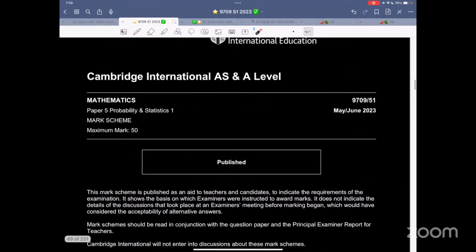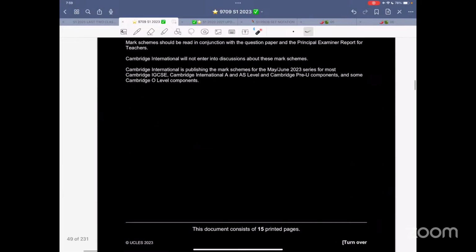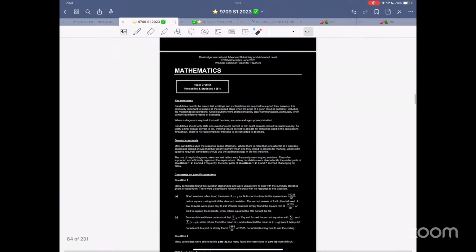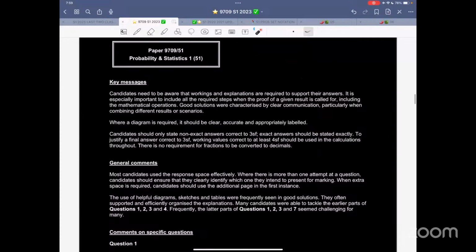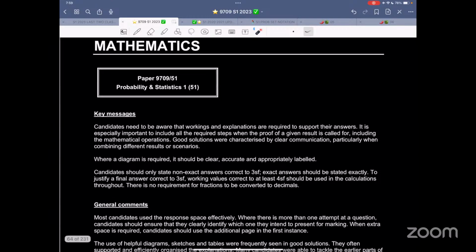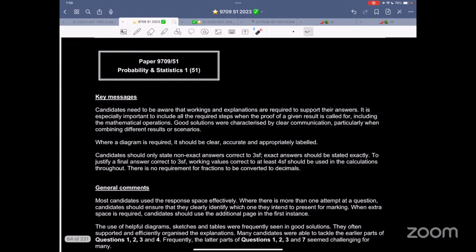Now this was May, June 2023, variant 51. Let me go to the examiner report. And over here, let me do some analysis of this. When I focus on this examiner report, I will just focus on the key messages. Let me get my highlighter ready.